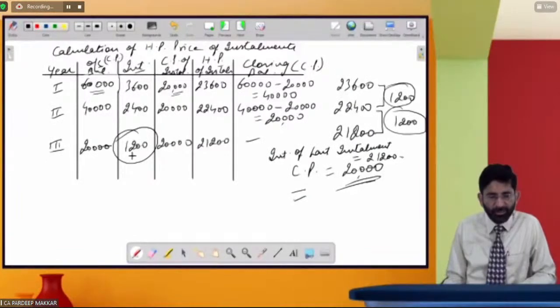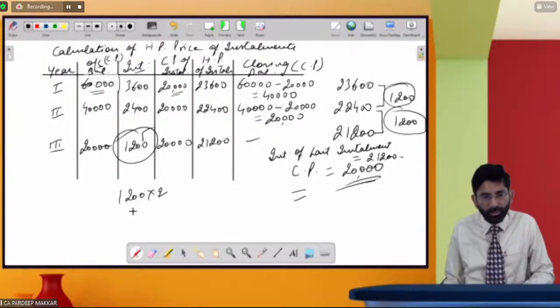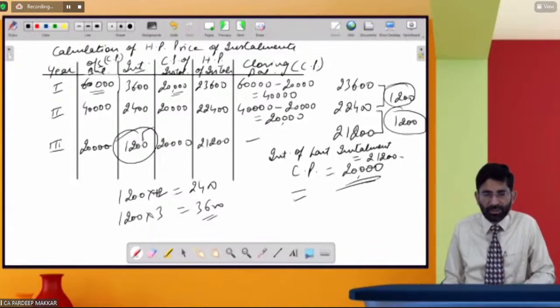See here, if I get the interest of the last installment, the interest of the previous installment will be 1200 into 2, and the interest of the further installment is 1200 into 3. So it will be 2400, it will be 3600. So it will go in this way. Reverse method is used in this case.